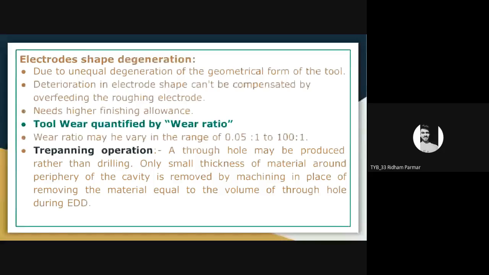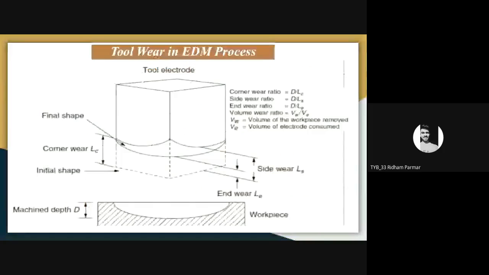In that corner portion, radial radius formation will be there, so degeneration will be there at the corner point. So wear out will be more at the corner point of your cylindrical tool. I will show you that diagram also. You can see here this is a cylindrical tool. I will explain that also.